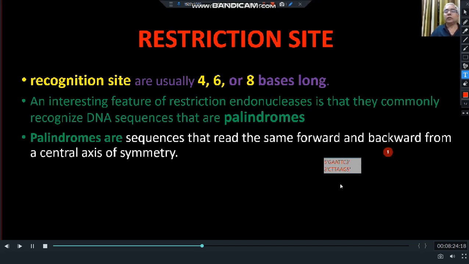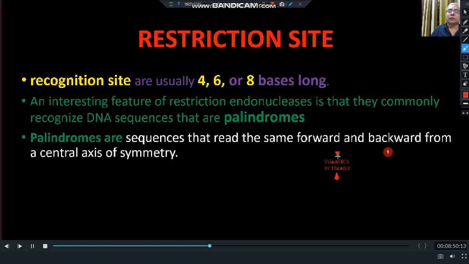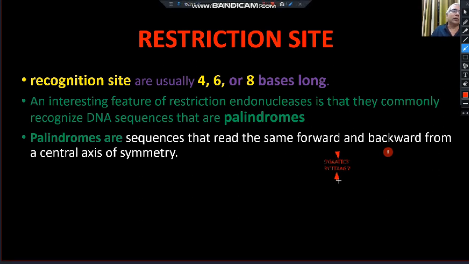Here you see that there is a point of symmetry. Here you see GAA, 5' GAATTC, and again back you read, both the sequences are exactly similar. Such sequences are termed as palindromic sequences.